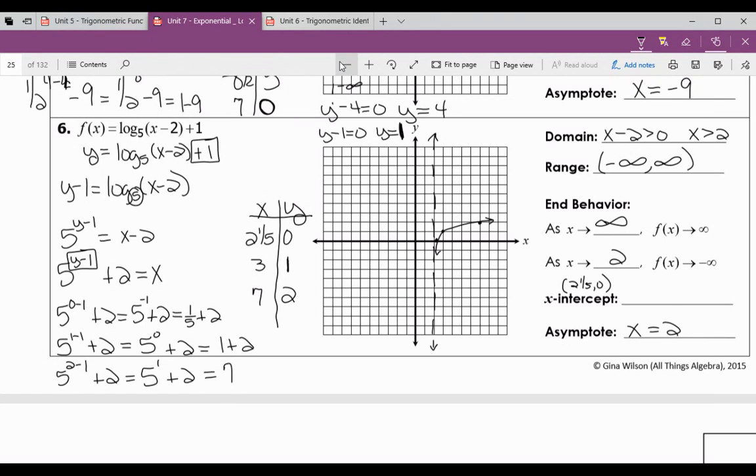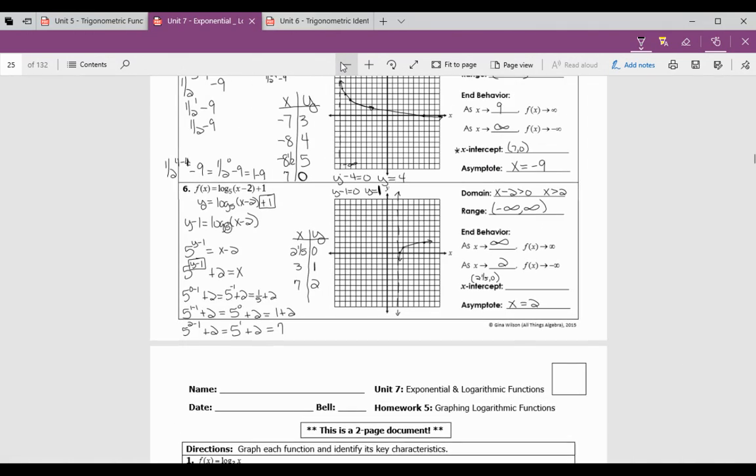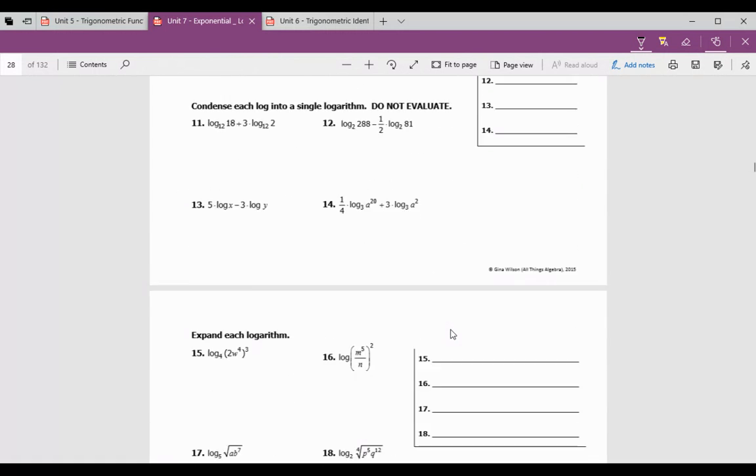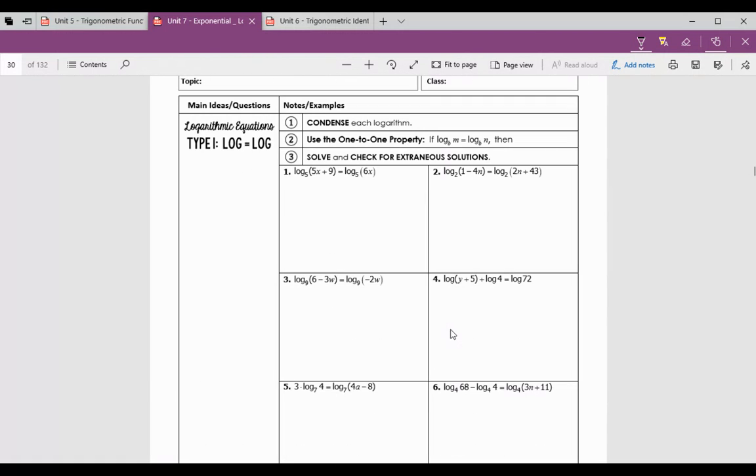All right, so let me scroll down. The next page you should have in your packet should look like that. Okay, so what we're going to do with this, and these are my favorite logarithm equations. Do you remember the properties that we did the other day?